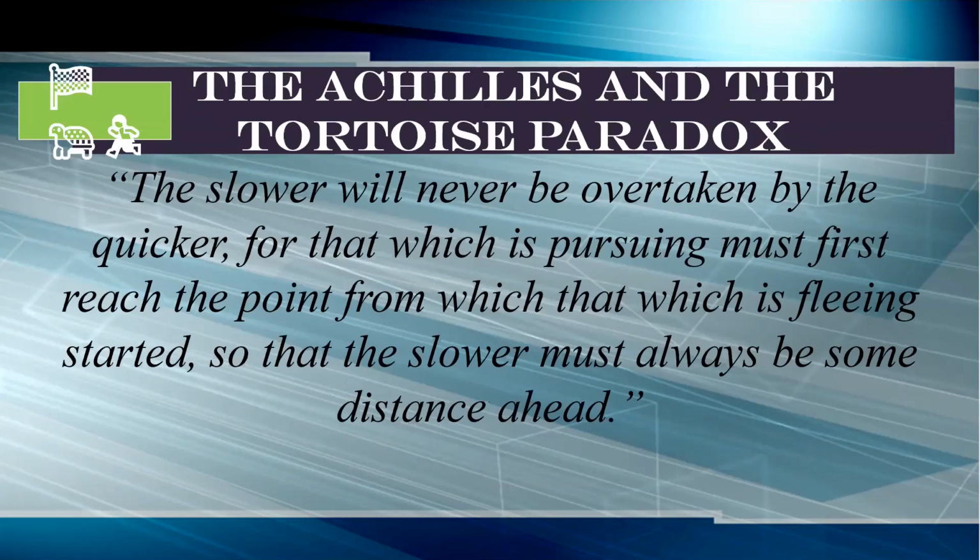What he's saying here is that if you had a slow tortoise and a fast man, Achilles, who is strong, fast, fierce, a soldier. So the man, Achilles, obviously moves faster than the tortoise.